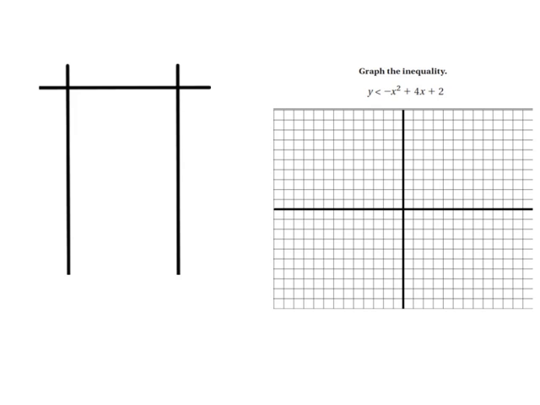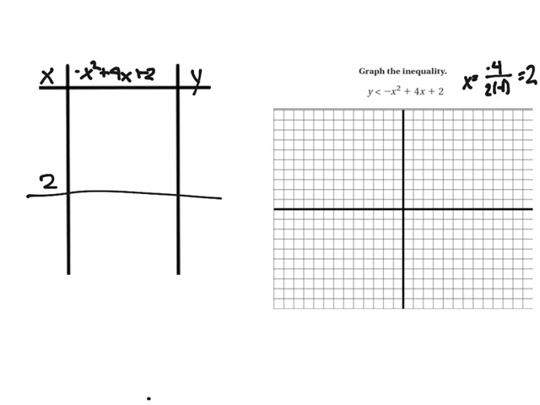All right, now we have y is less than negative x squared plus 4x plus 2. First, we've got to find our x value of our vertex, so that'll be x equals negative 4 over 2 times negative 1, or 2. That again is our vertex.